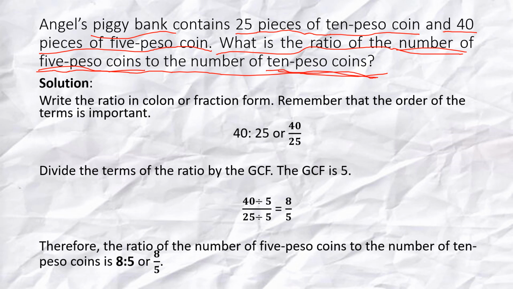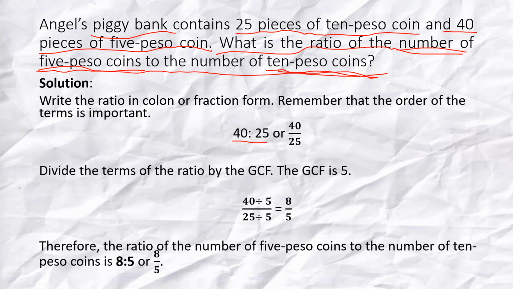So it will be written as 40 is to 25, or in fraction form 40 over 25. Take note, the order matters in writing a ratio.